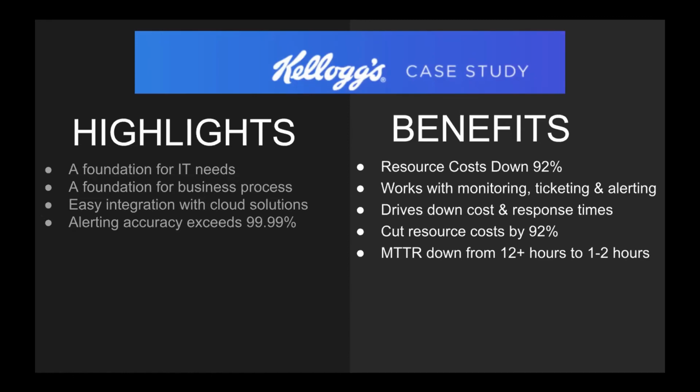And their perspective on xMatters is not just that they use us for notifications. They actually think of it as a foundation for their IT needs. And the way they use xMatters is not just within IT, but it's also leveraged for business processes. In reality, they're a manufacturing company.